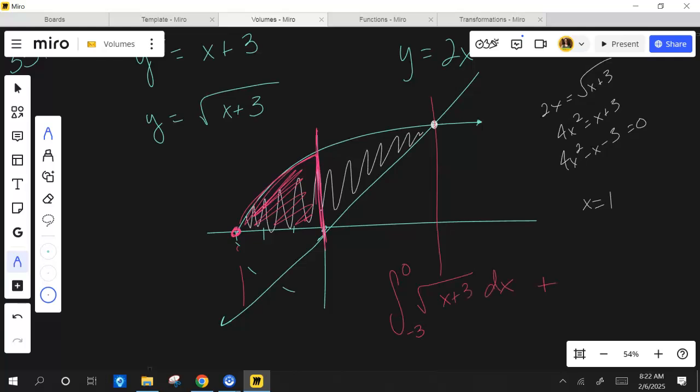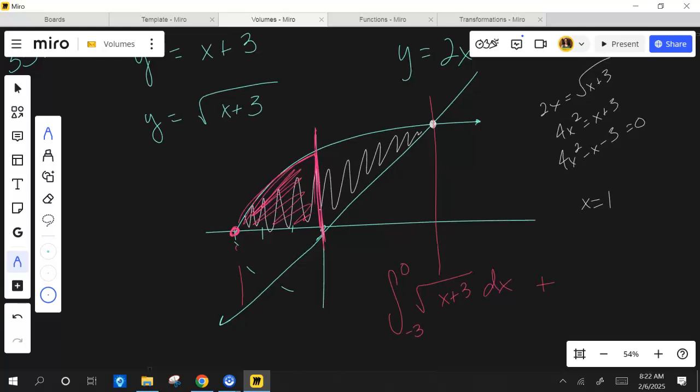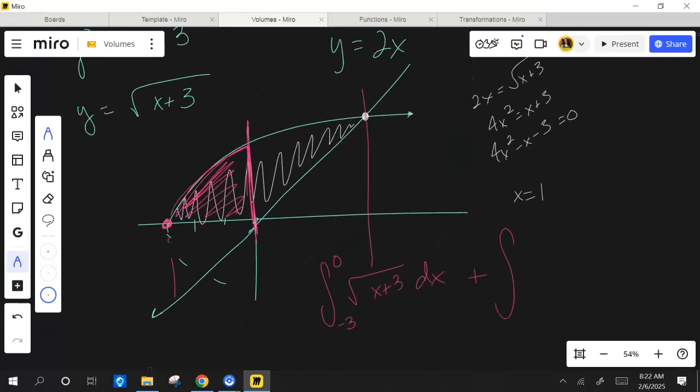But then I'm going to add to it, this is what you were saying, right, Wyatt? I'm going to add to it the integral from 0 to 1, because this point ends up being x equals 1 here. And this is where I have to subtract them. So I've got the square root of x plus 3 minus 2x, right?